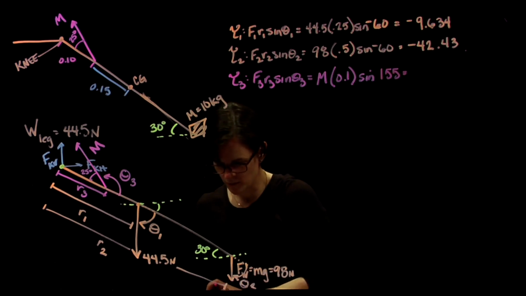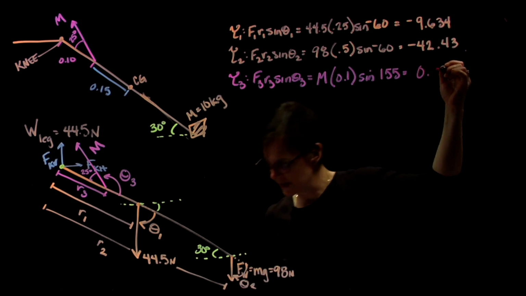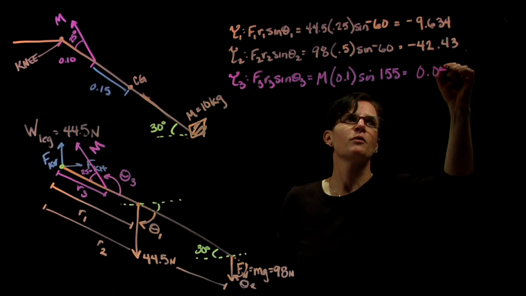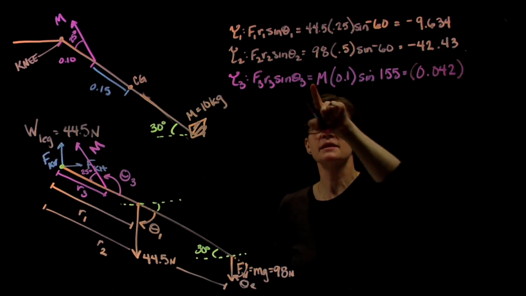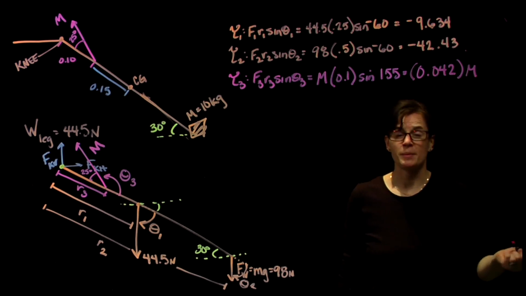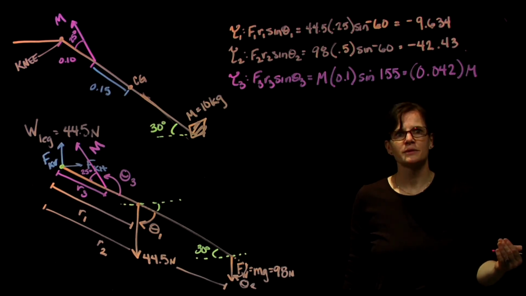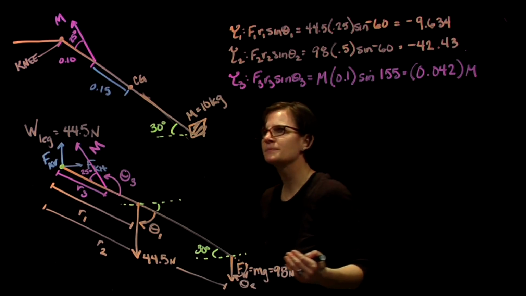So 0.1 times the sine of 155 is 0.042 times whatever that force is, M. Should it be positive? Yes, it would rotate that leg in the counterclockwise direction.